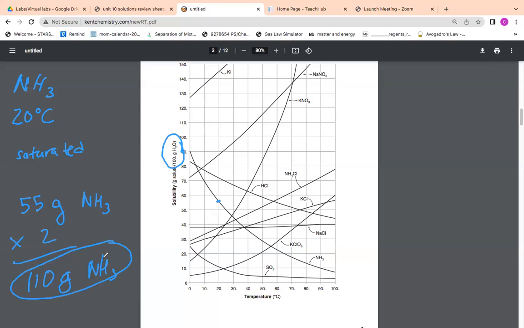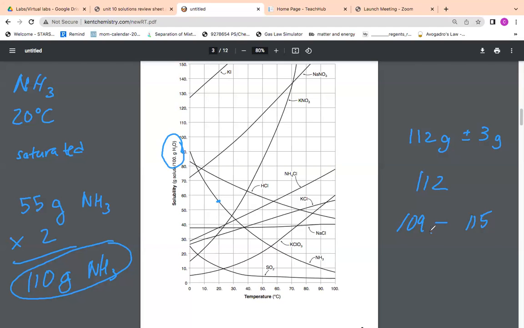Now again, because there's not a lot of precision on this graph, it could be a little hard to read. There is an acceptable range, and the range is this. So what this means is that your answer could be 112 plus or minus 3. So plus 3 would be 115, minus 3 would be 109.